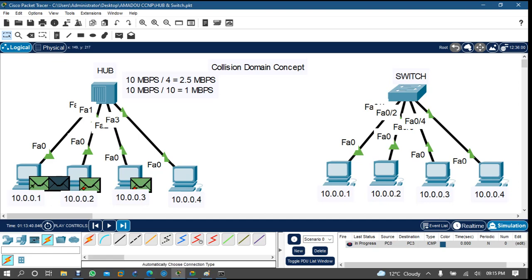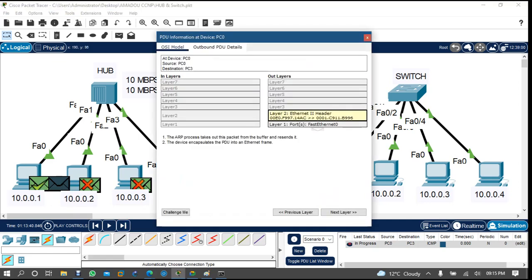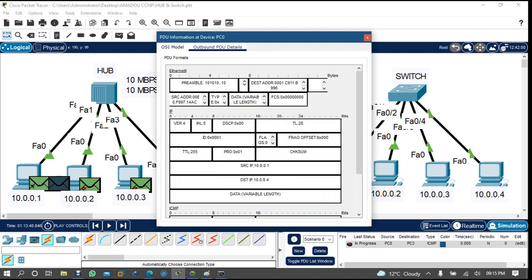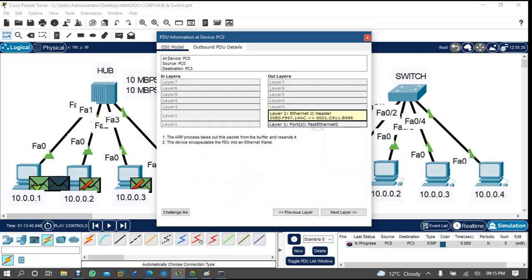See here, let me open this one. Now ARP has given the MAC address of that system. If I'm coming to the OSI reference model, see, the ARP process takes this packet from the buffer and responds to it, and the device encapsulates the PDU, protocol data unit, into an Ethernet frame.